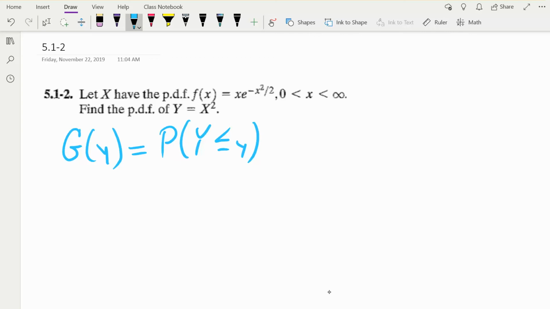Right? Okay? Well, I don't know anything about y, but I know something about x. Actually, I know quite a bit about x. I know its PDF. So the whole idea here is to convert this into a statement about x rather than a statement about y. What can I plug in for y? X squared.